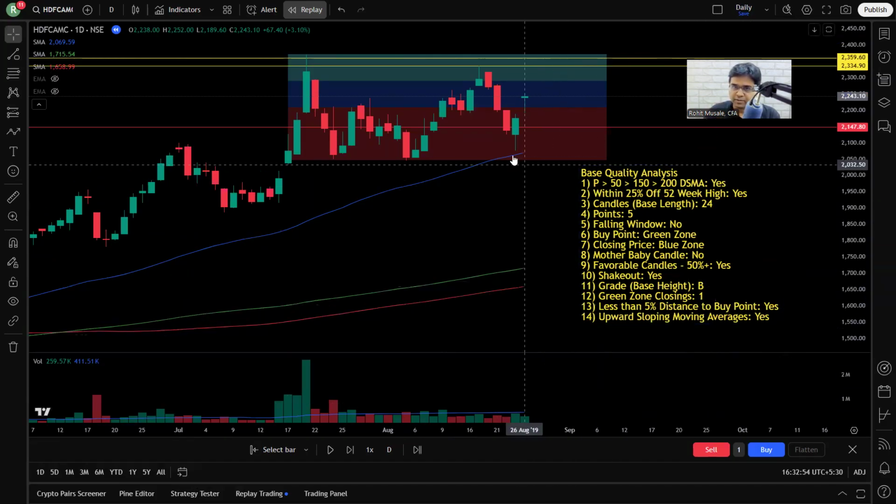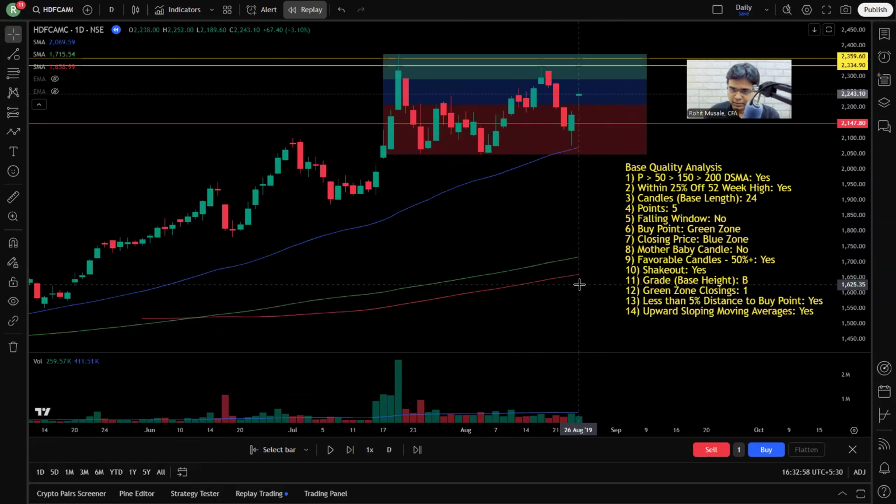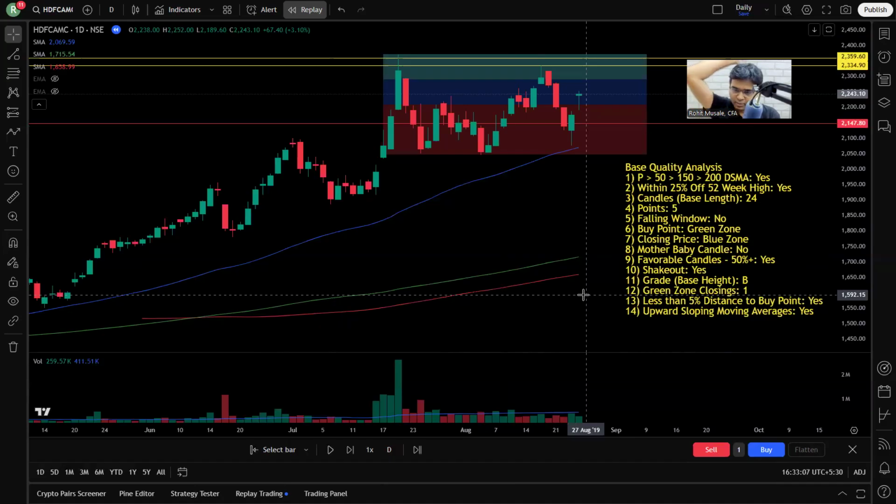Upward sloping moving averages, blue, green, red. I have already told you the importance of blue, green, red. Why do I keep talking about this? Just read Mark Minervini's book. He has done research on stocks dating back to the late 1800s.